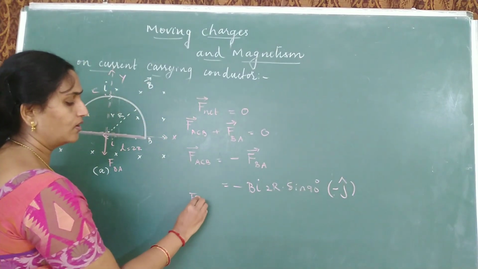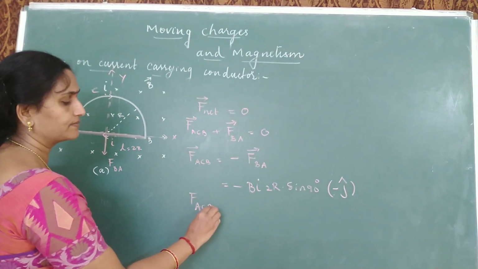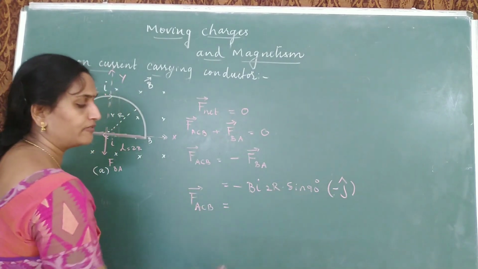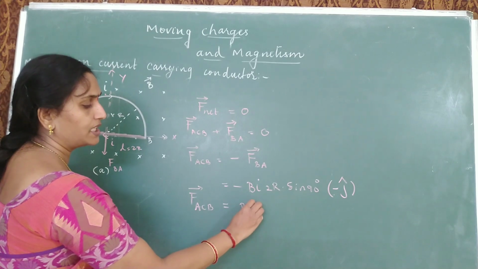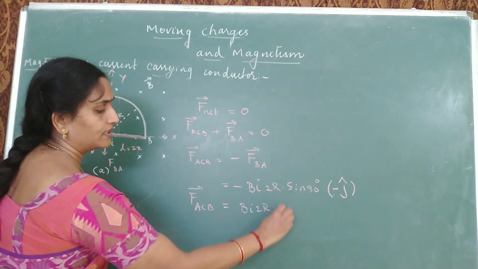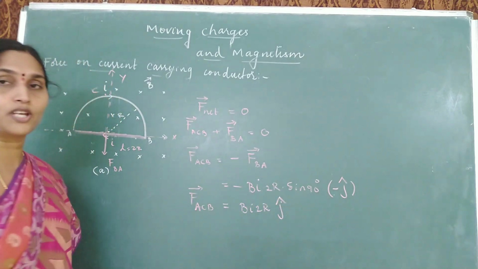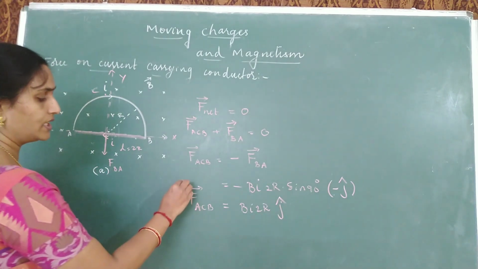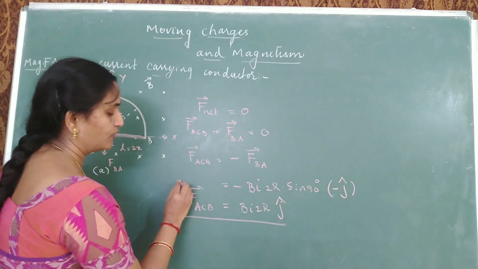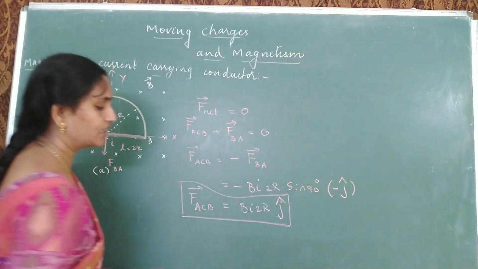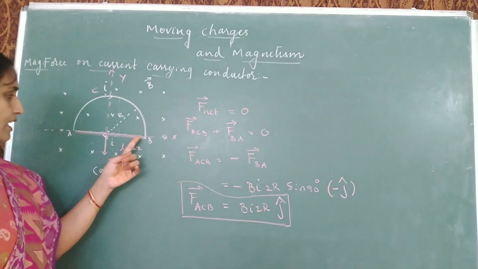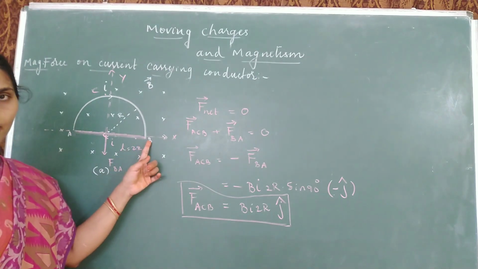So the force acting on the curved portion should be minus into minus, which will anyway become plus. That is B I into 2r, and the direction is J cap. So this is how we can find the force acting on the curved part, the semicircular loop of wire, by evaluating the force acting on AB.